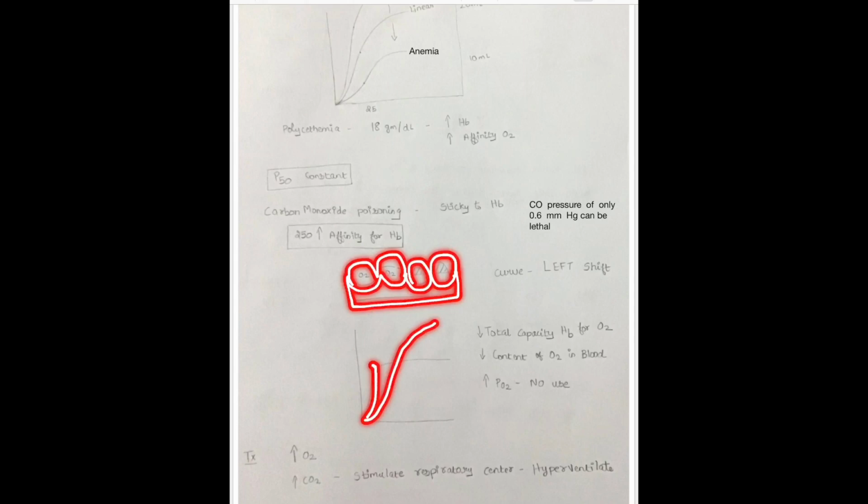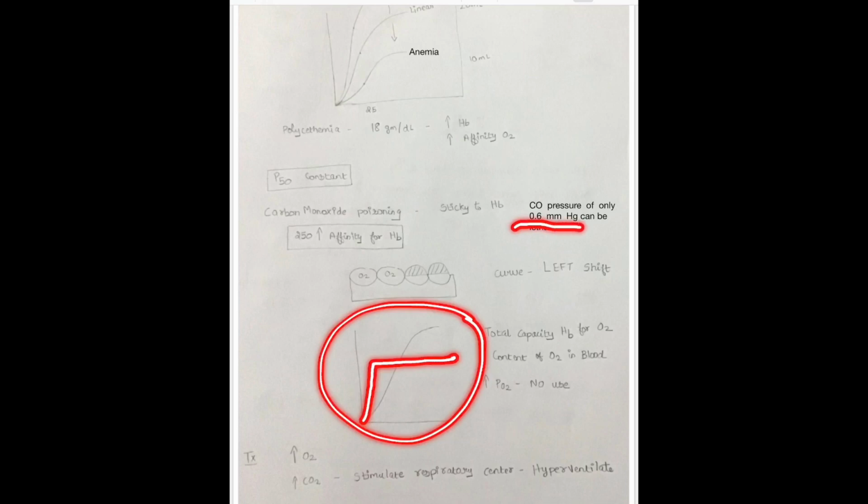So in carbon monoxide poisoning, the curve is left side shifted, because per hemoglobin there are only 2 pockets available, because the other 2 pockets are already occupied by carbon monoxide, and the other 2 pockets also have oxygen molecules in them. So according to the principle there is increased affinity.